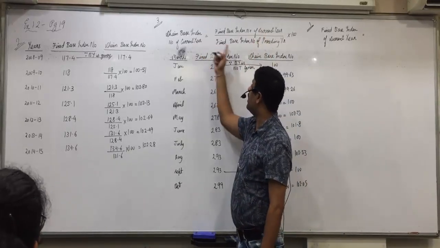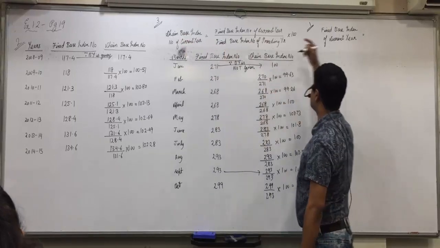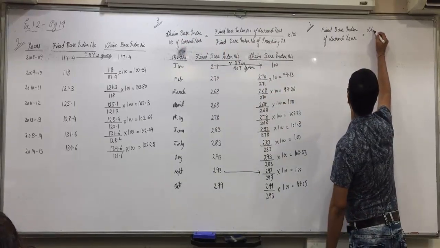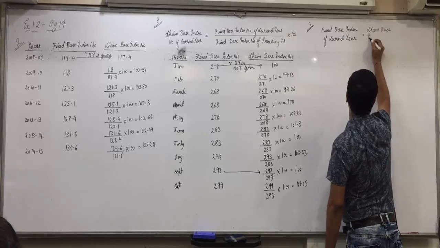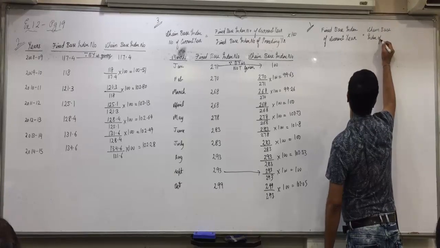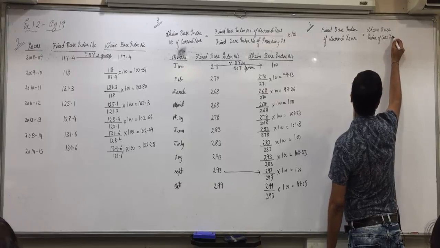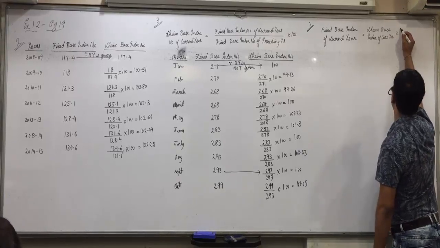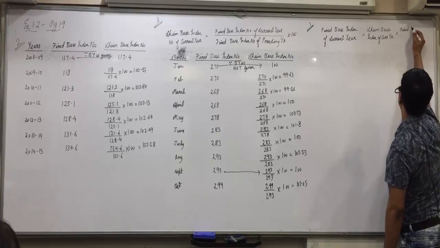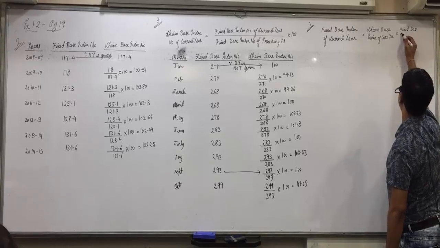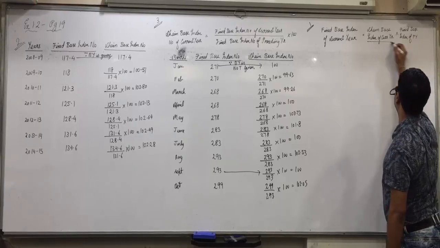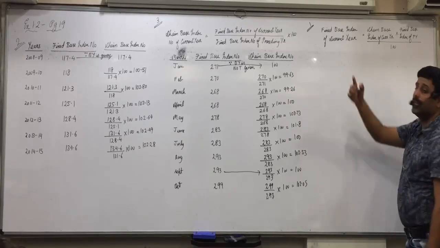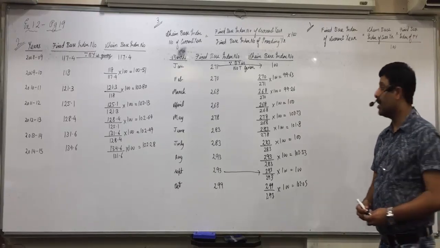So chain base of current year multiplied by fixed base of preceding year. Chain base index of current year multiplied by fixed base index of preceding year divided by 100. Did you understand this formula, everyone?